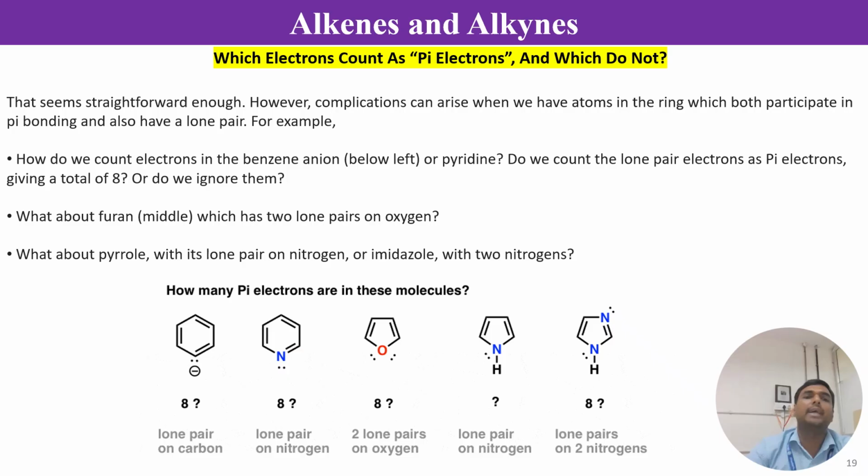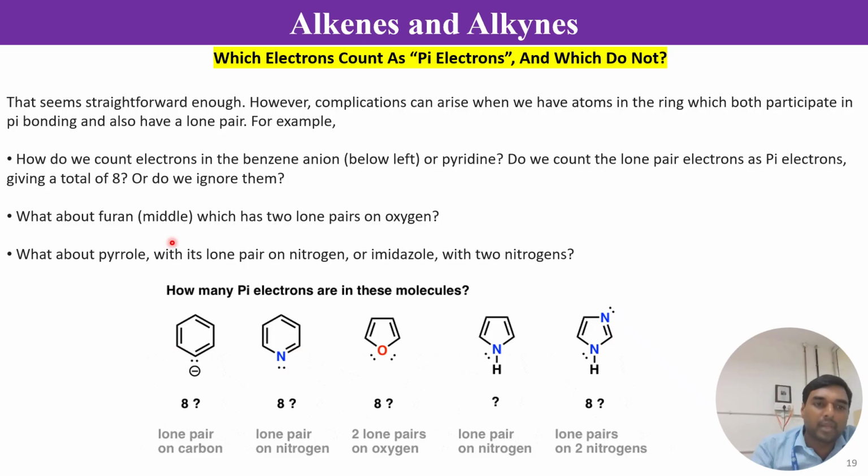Now, how many pi electrons are there in this? Because here the pi electrons are very important. So why a compound can be called aromatic, or whether we should consider the lone pair of electrons as part of the pi electron system or not.